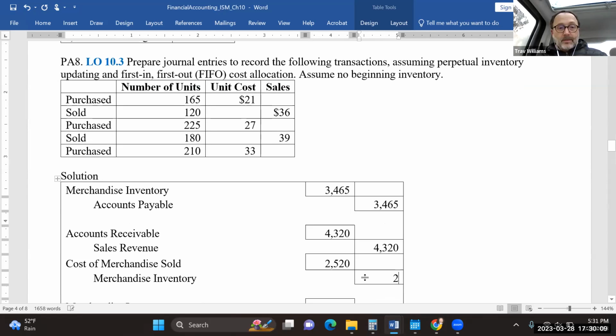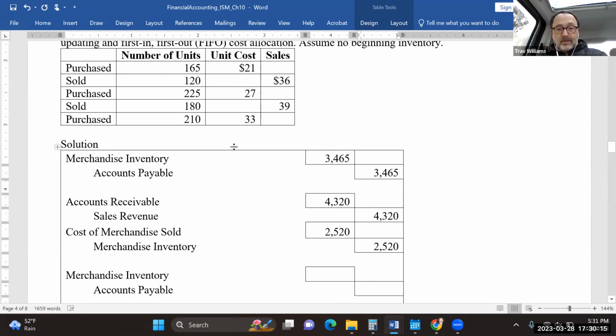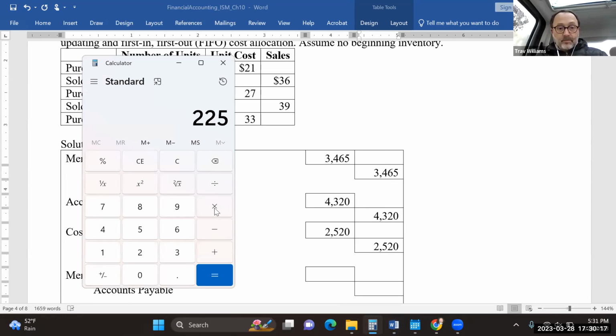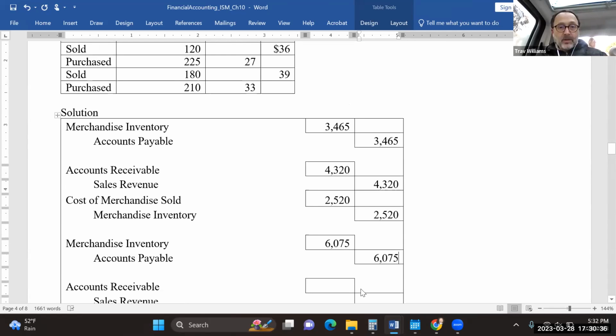Okay. So then we purchase some more inventory. We buy 225 units at $27 each, $6,075. Okay. Then we make another sale. So here's where it gets interesting, because we sold 180 units. Which lot do we use now?